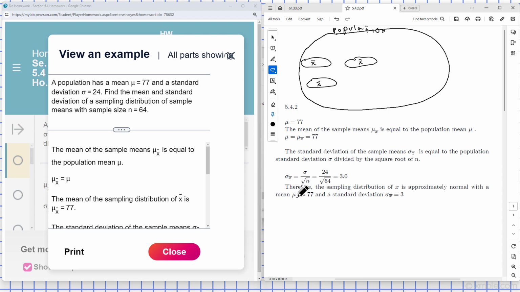So we have a population mean here, 77, and a standard deviation, which is equal to 3. So one is implied by the formula here. The other one is implied by using this formula here for the standard deviation.